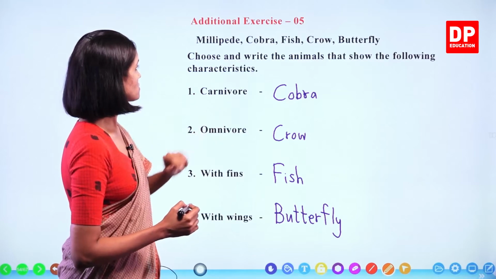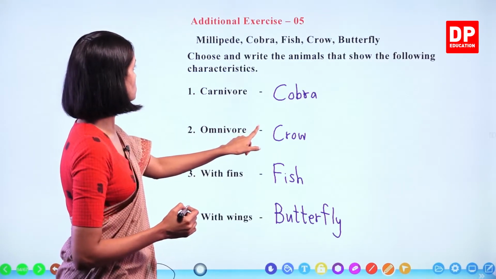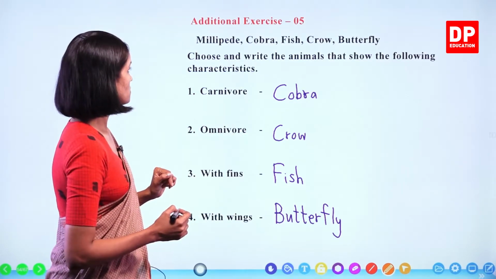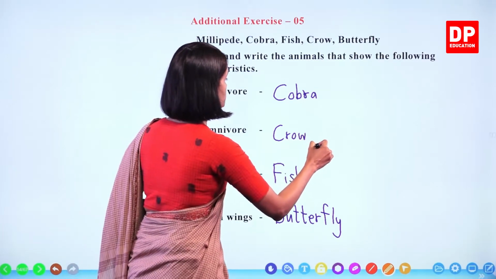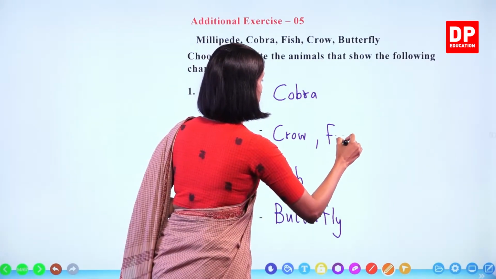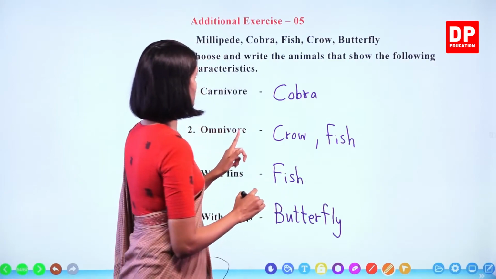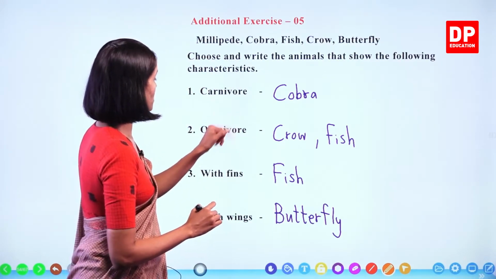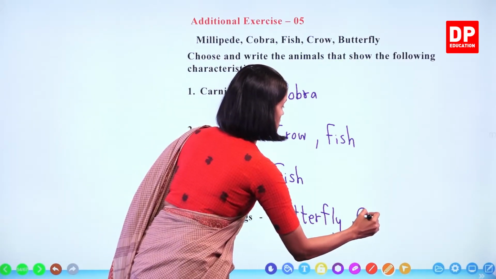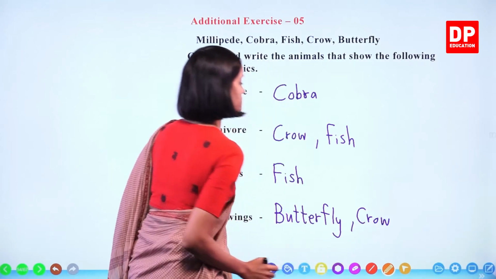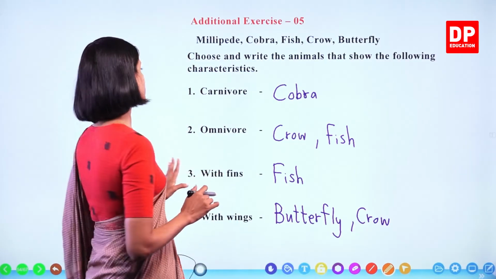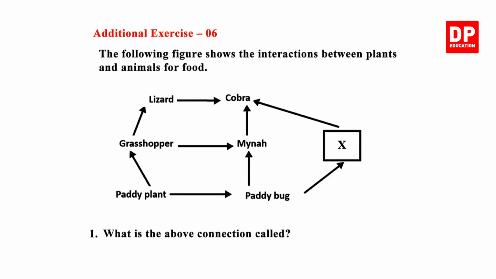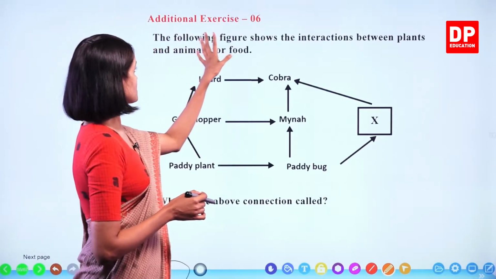Now here we can write omnivore, crow. We can consider fish also as omnivore. With fins, fish. With wings, butterfly and crow both. Okay, children? Right. Okay.